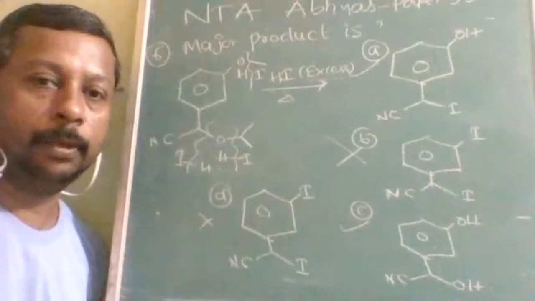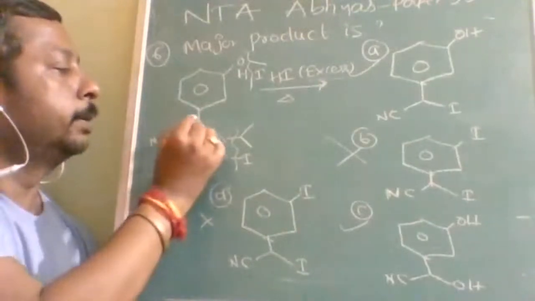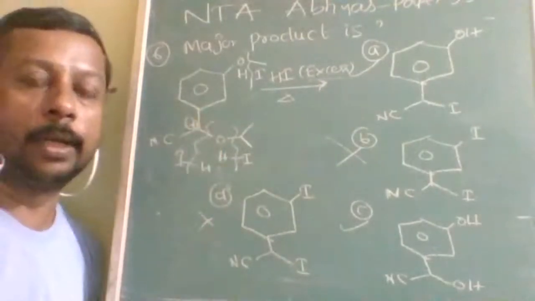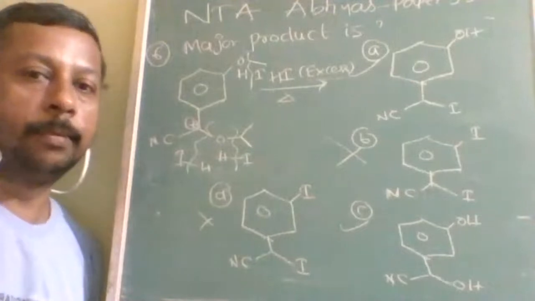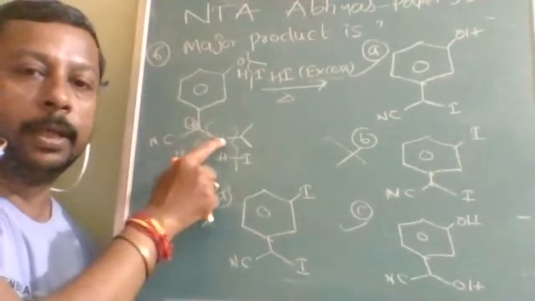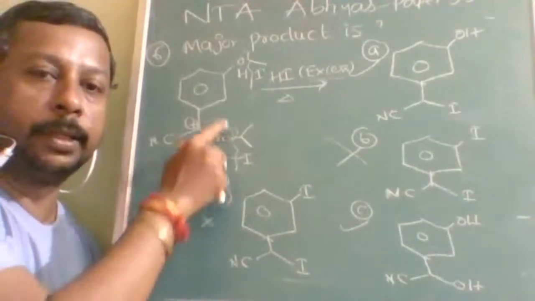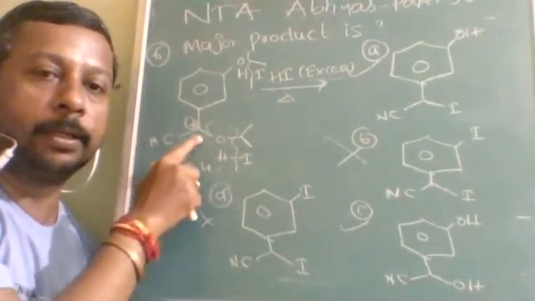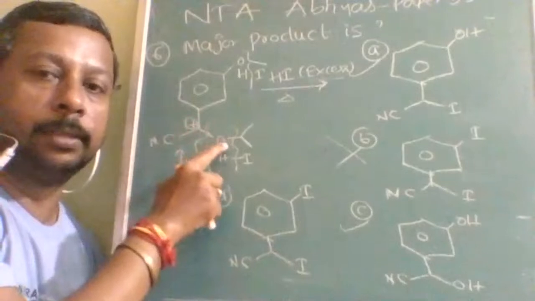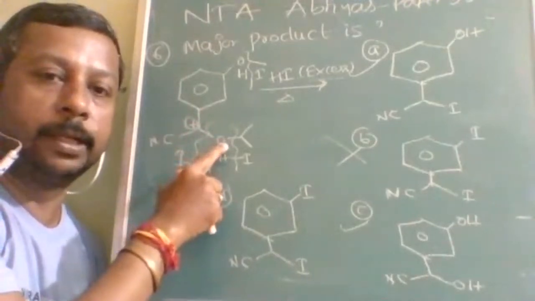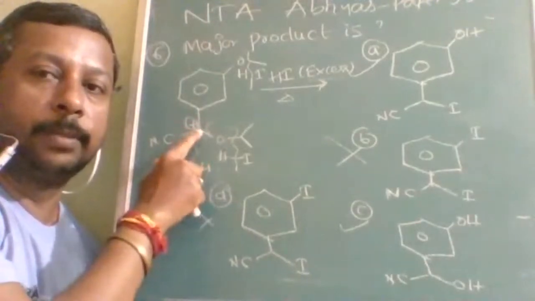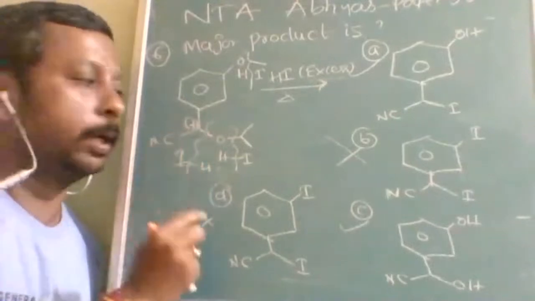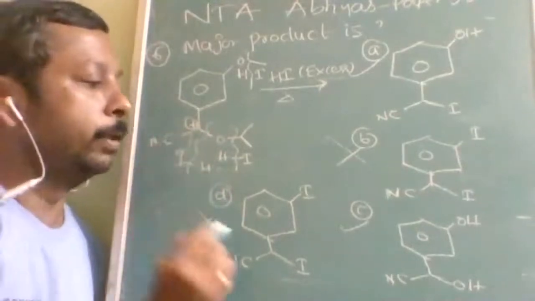If this breaks, then this will be the benzyl carbocation, and the other will result in unnecessary products, as there won't be any conjugation. So the carbon and oxygen bond will break. Why will it break? Because it forms the stable benzyl carbocation. So iodine will go here.